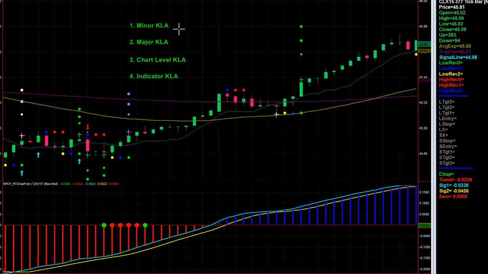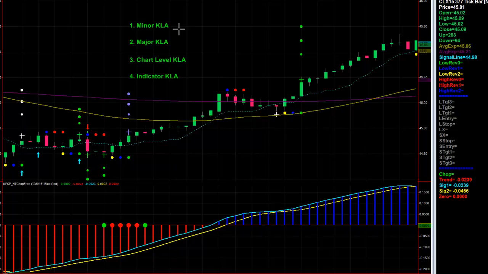Multiples of 5. The Russell E-mini, it might be 1047.5. For the Dow E-mini, perhaps it's 16155. Okay, multiples of 5 or 16160. All right, those are all minor key levels.